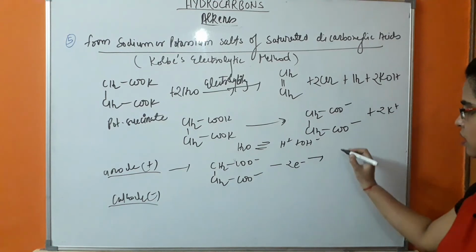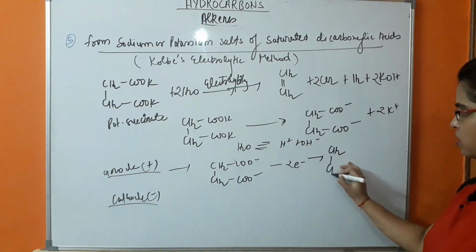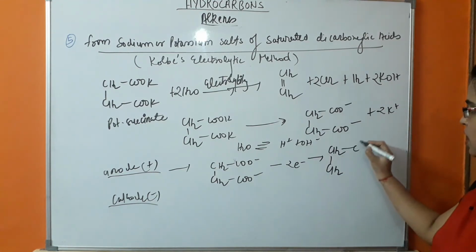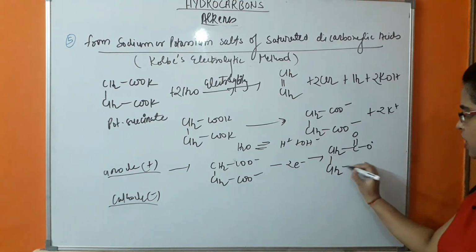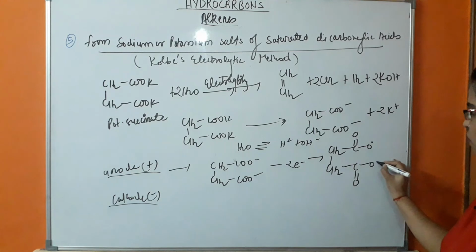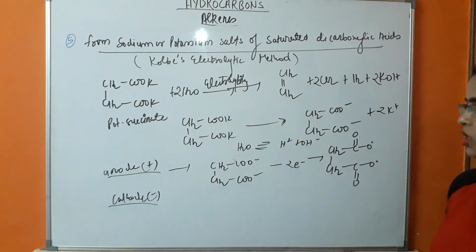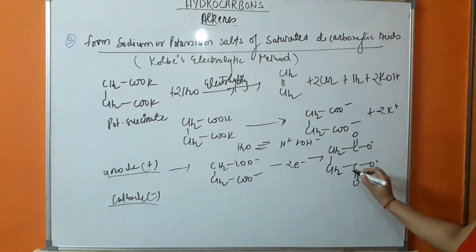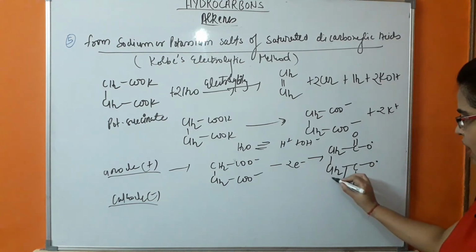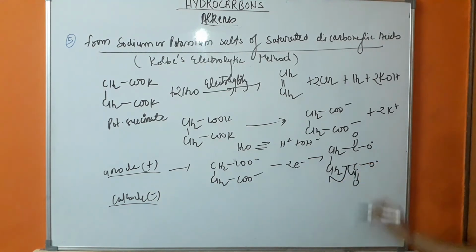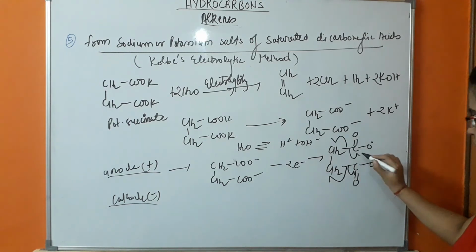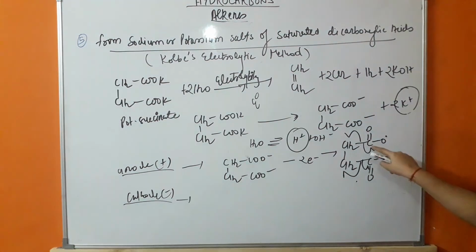Because of that, CH2, CH2, C double bond O, odd electron. C double bond O, odd electron. This is a free radical. Because of the free radical formation, this carbon will take away its electron, and similarly the other carbon will take away its electron. Because of that, the odd electron will come on this carbon.